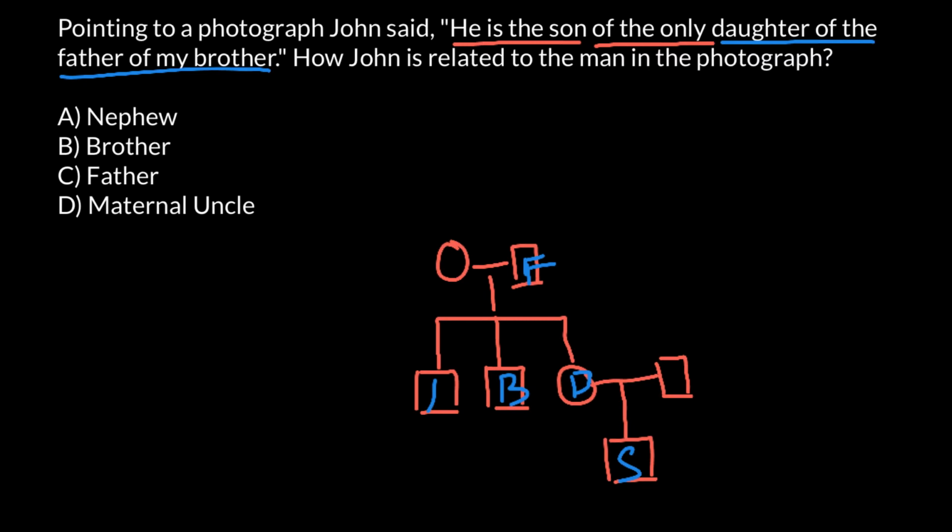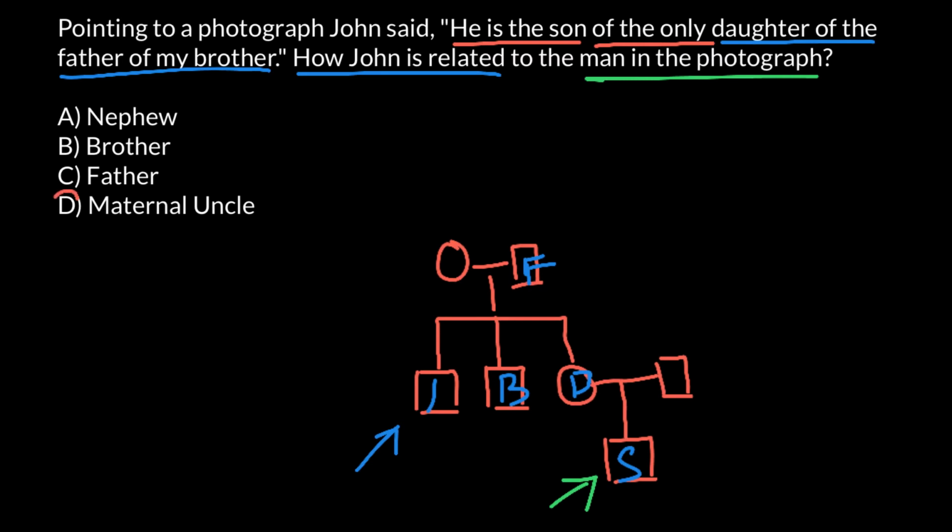And we have to find how John, so this person here, is related to the man in the photograph, so to this man. And it is easy to say that John is the maternal uncle of this person. So the answer is D.